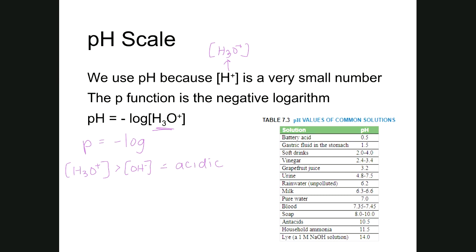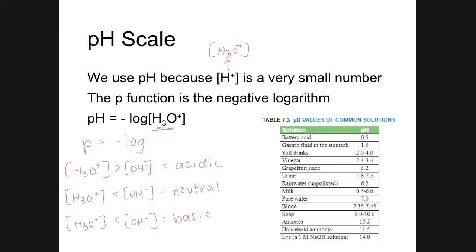If we have a combination of our hydronium and our hydroxide that are equal to each other, then this is a neutral solution. And if we have hydronium that is less than our hydroxide, that means we have a basic solution.